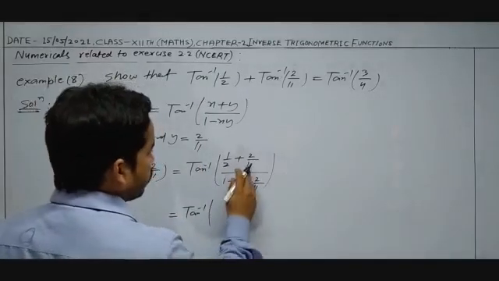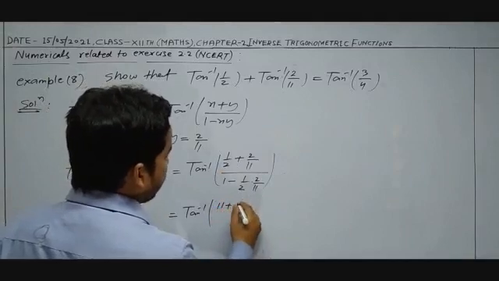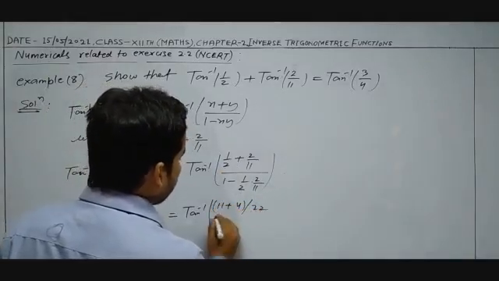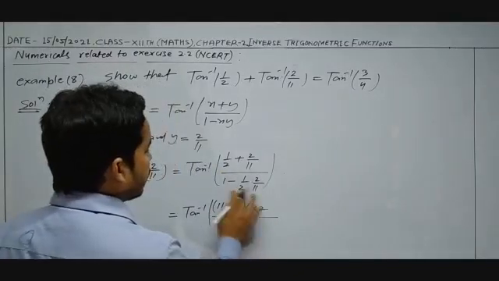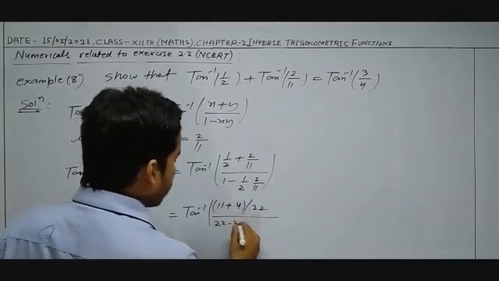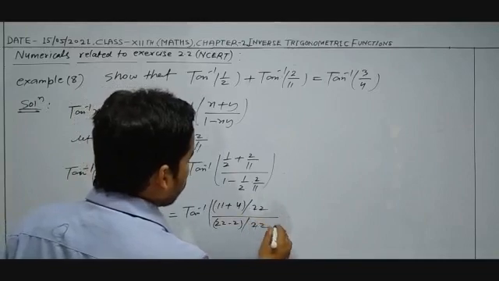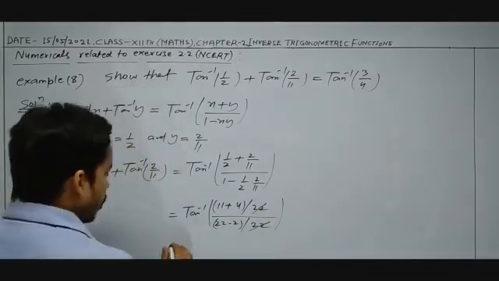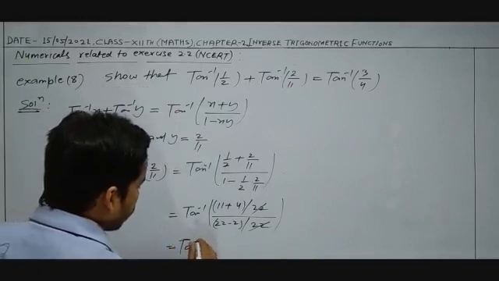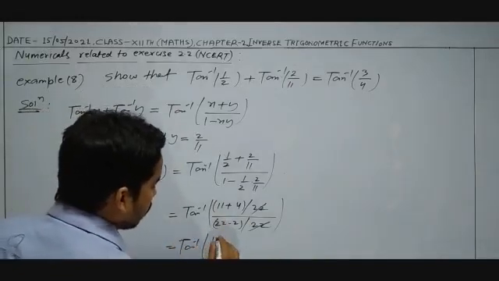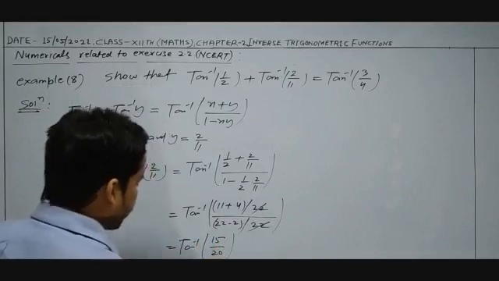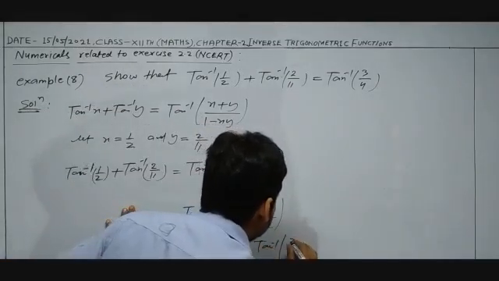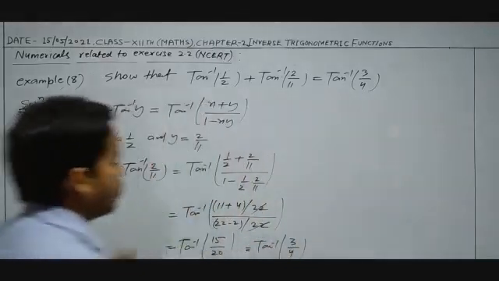Now LCM is 22. So 11 plus 4 whole upon 22 whole upon 22 minus 2 whole upon 22. This will cancel out. The result you will get is tan inverse 15 by 20, that is equal to tan inverse 3 by 4. Hence proof.